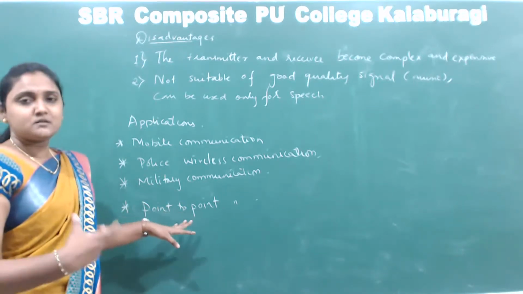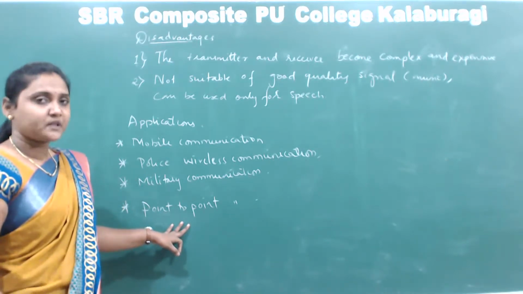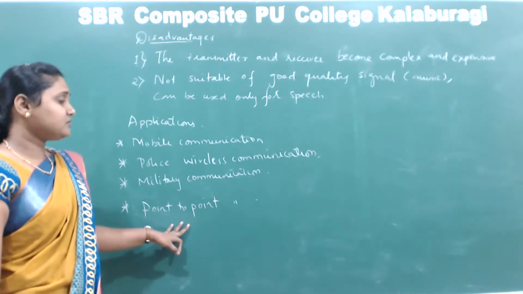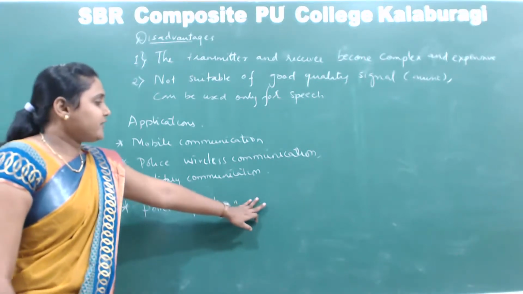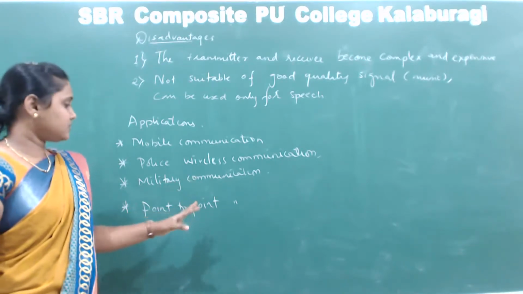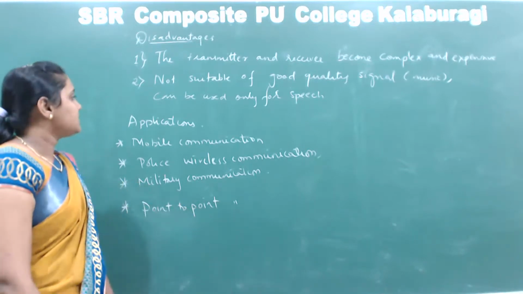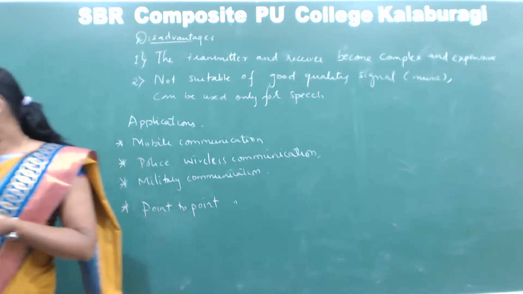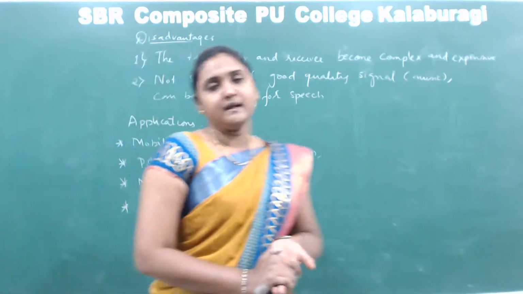Point to point means shore to ship and ship to shore, in that communication where we need to communicate with the ships and the shore. There also it can be used. Right? So these are the applications of the different forms of AM.